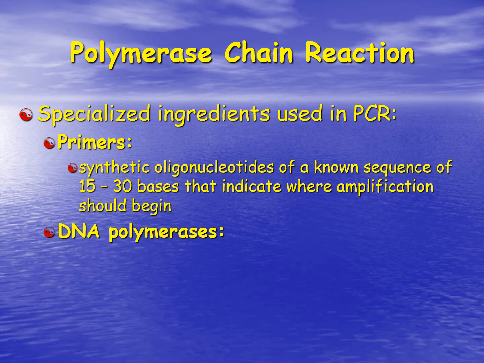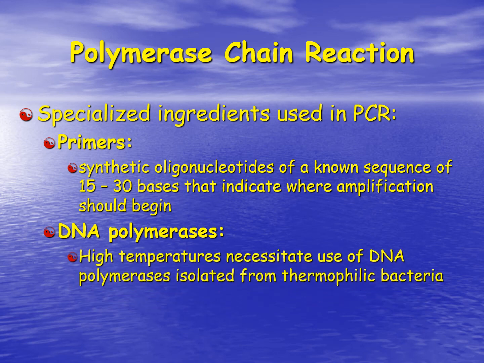We're going to use a heat-stable DNA polymerase from a thermophilic organism, and so sometimes this DNA polymerase is known as Taq polymerase because it comes from a heat-resistant microorganism. Since high temperatures just below boiling are needed for dividing the DNA strands, we have to have this heat-resistant polymerase.